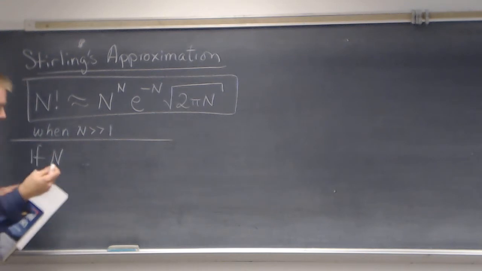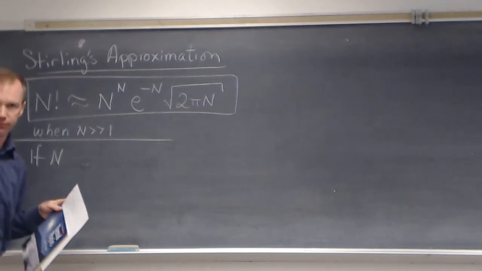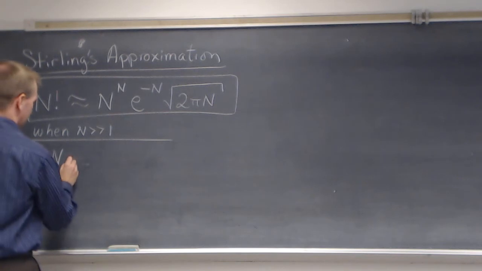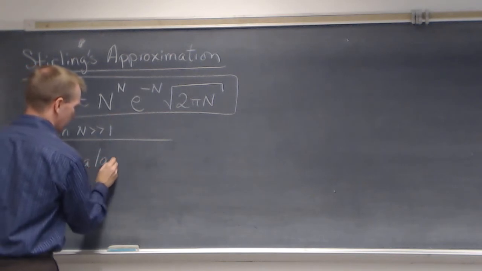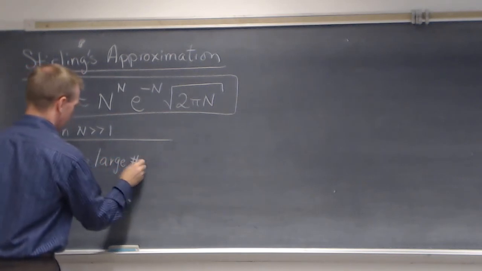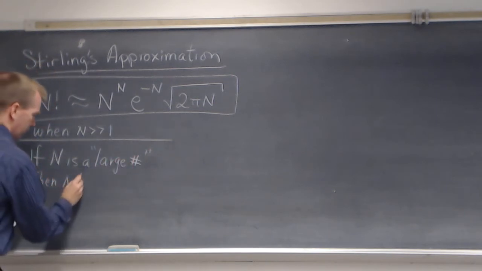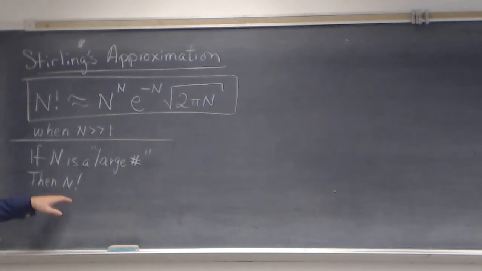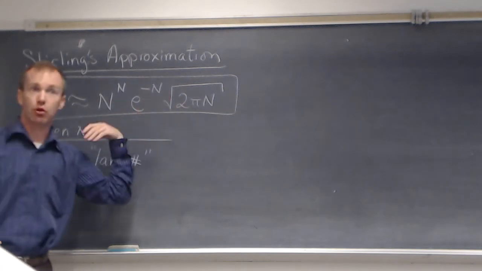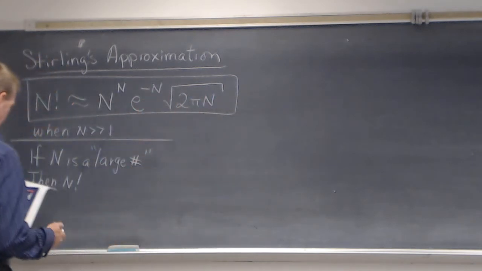So, if n is a large number, as we've defined it already, then n factorial is a very large number, because we're multiplying a whole long series of large numbers.